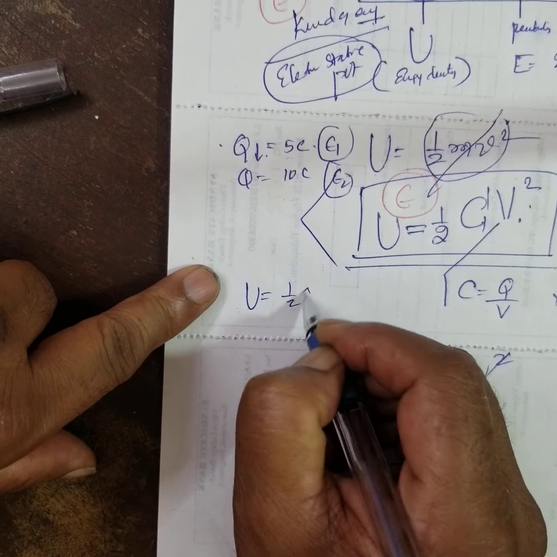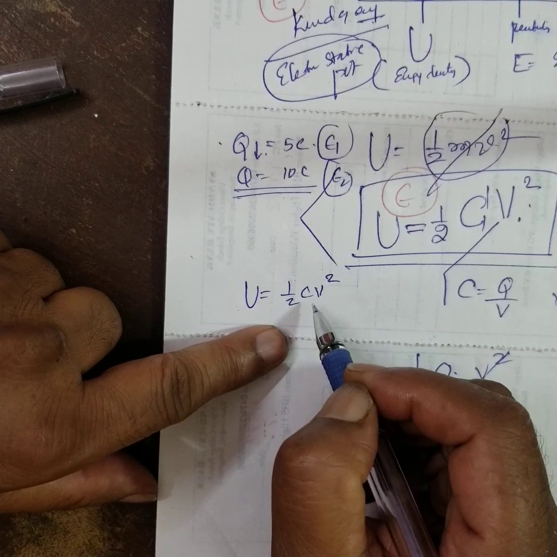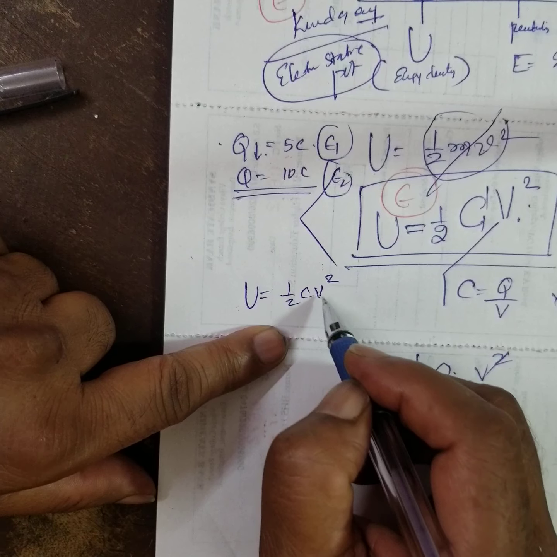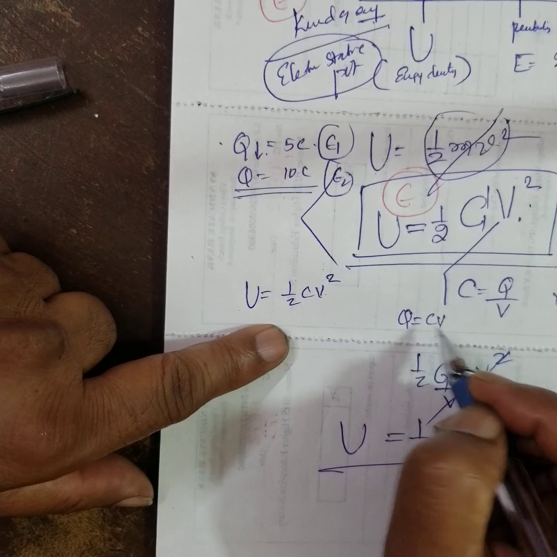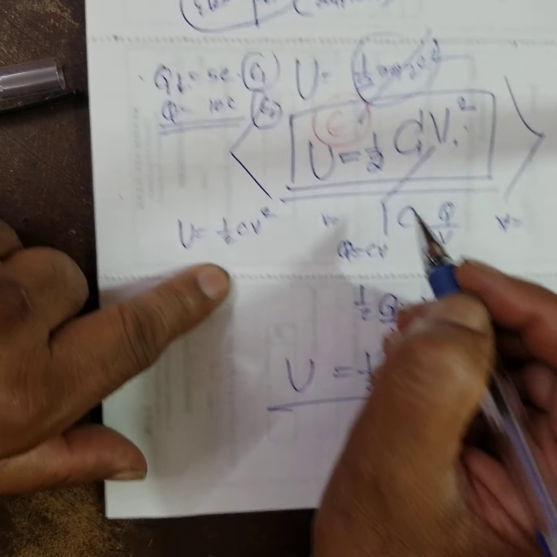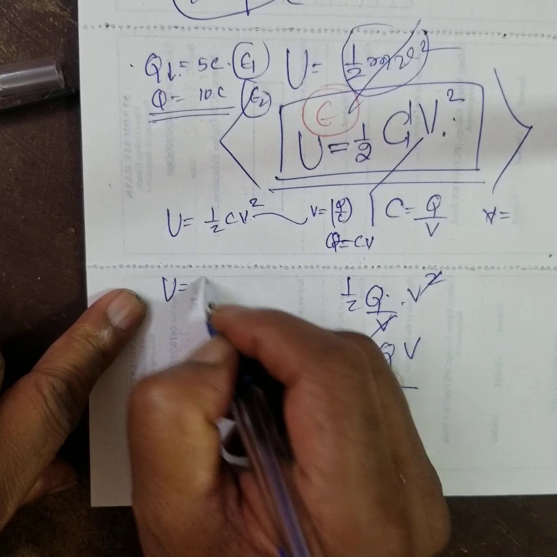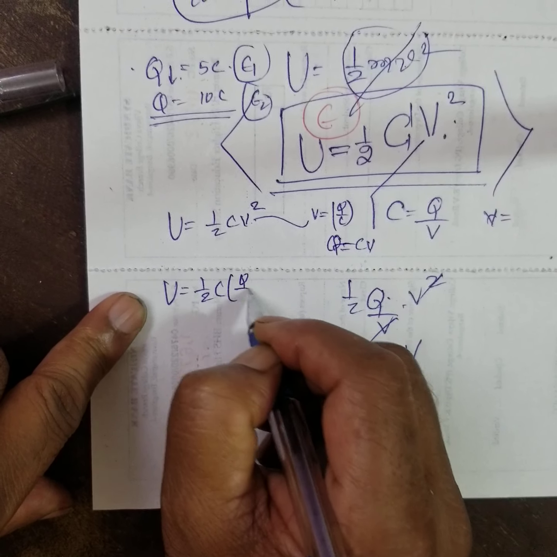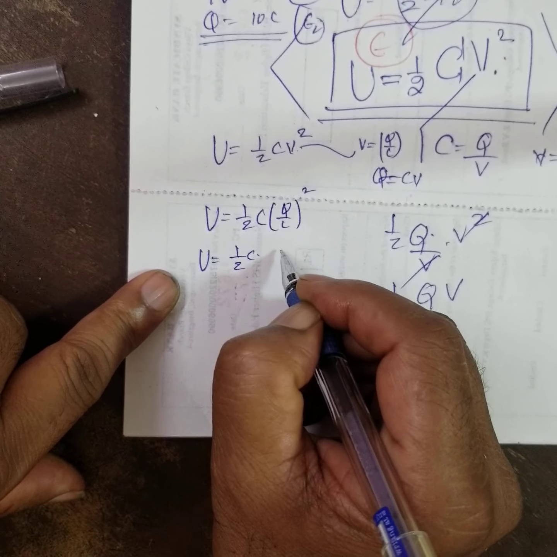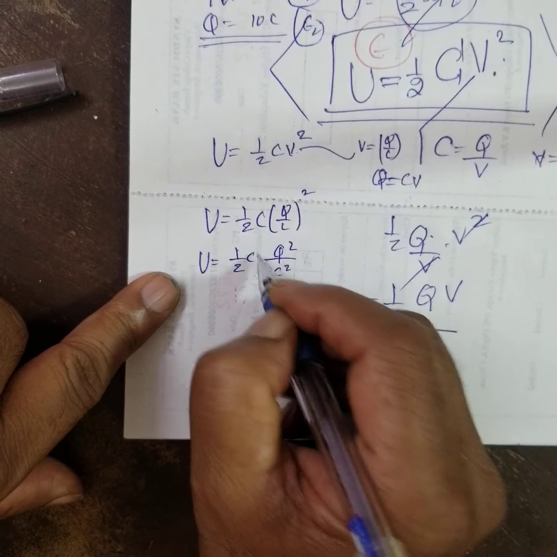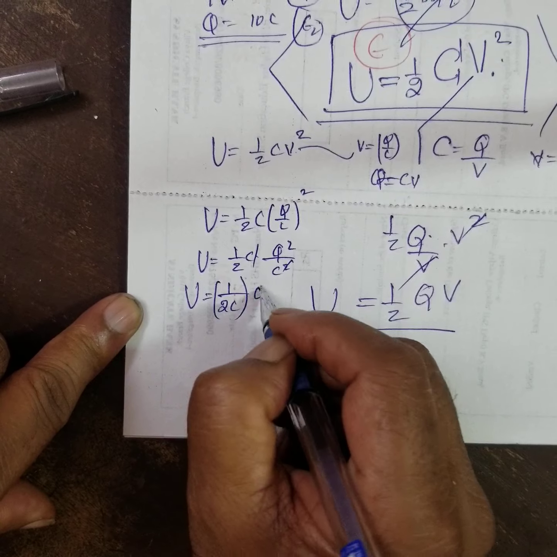Energy is equal to half C V square. Convert it in terms of charge: Q is equal to C V, so V is equal to Q by C. Substituting, U is equal to half C times (Q by C) whole square. C square gets cancelled with C, so U is equal to Q square by 2C.